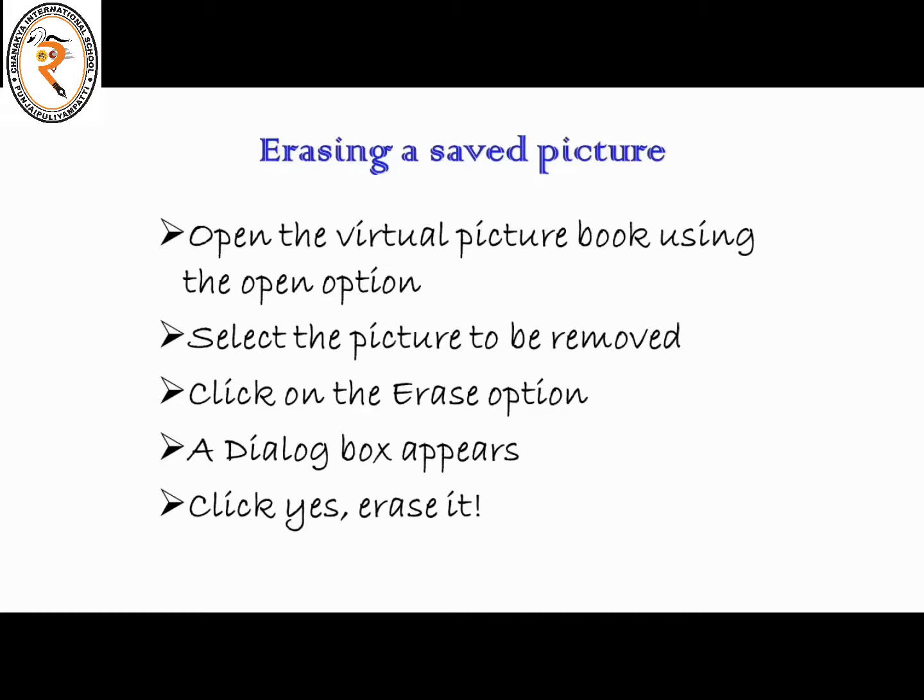First click on the picture to be removed and click on the erase option. The erase option is available at the bottom of the screen and a dialog box appears. Click yes, erase it.